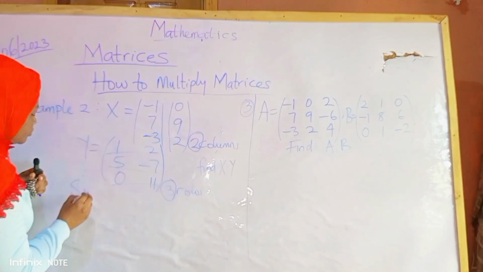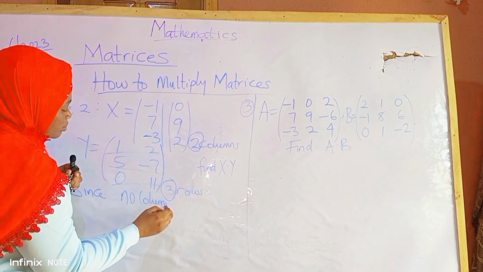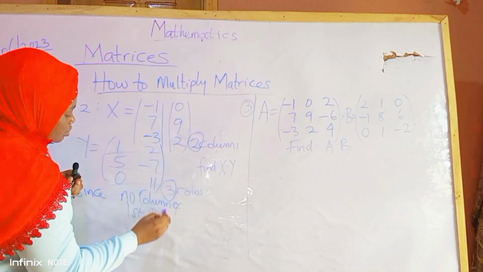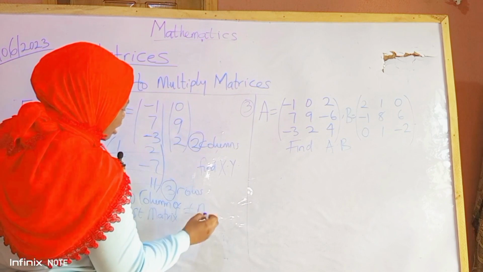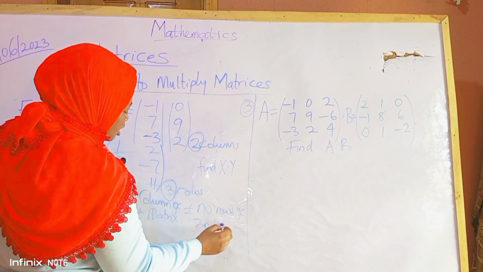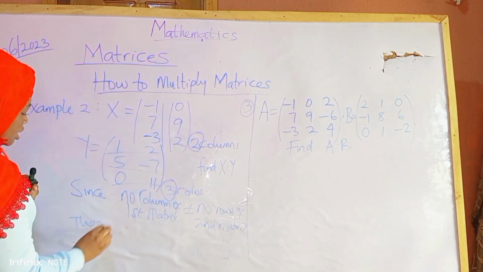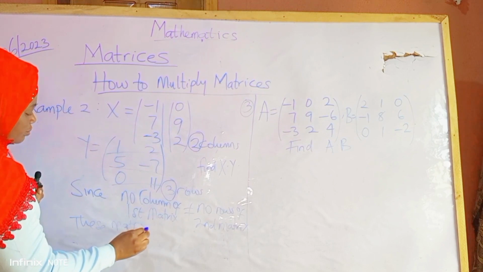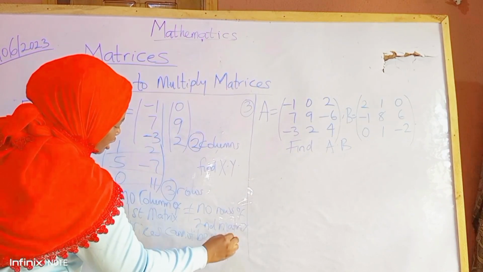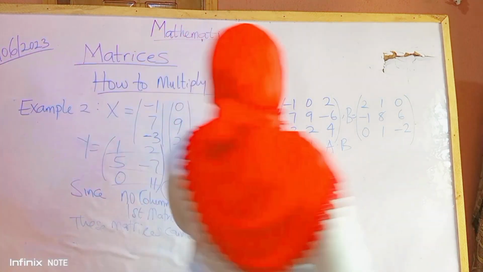So since the number of columns of the first matrix is not the same thing as the number of rows of the second matrix, it means that these matrices cannot be multiplied together. So that is the best answer that we are going to say.